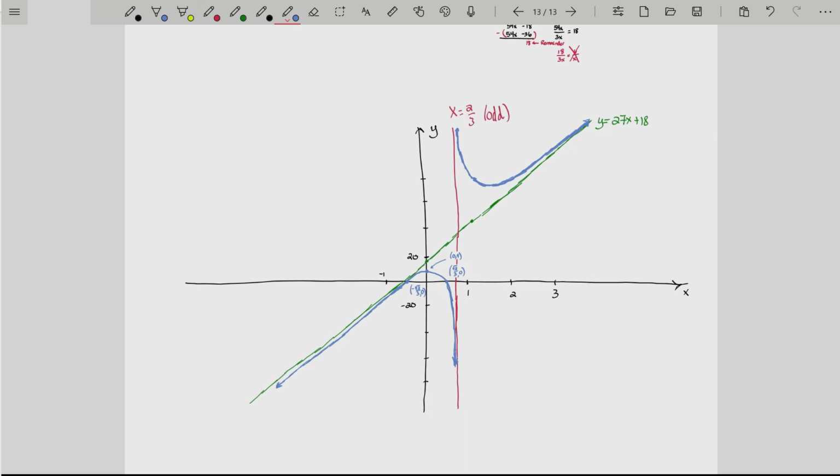So notice I did ridiculous scaling here, but in the end, it ends up looking like a pretty decent graph. If you did this freehand and graphed that slant asymptote last, it would look terrible, trust me. All right, that's it for graphing rational functions for college algebra.